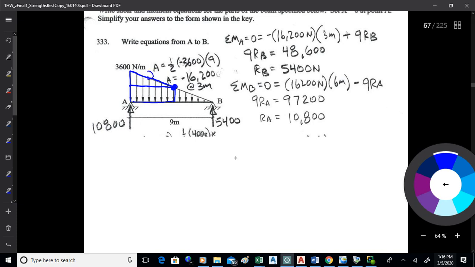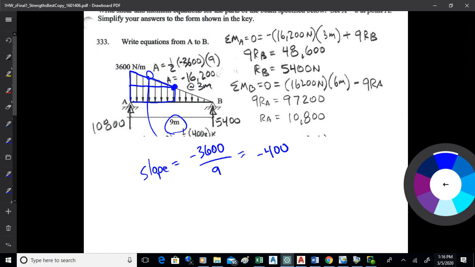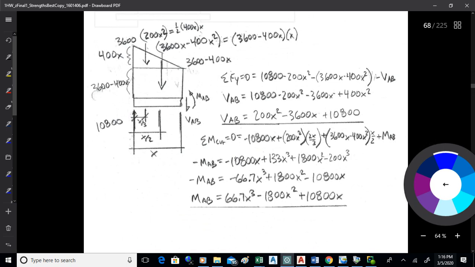Now the height relates very much to the slope. Okay, so what that line does is it drops 3,600 over a run of 9. So the slope of that line is negative 400. Okay, so wherever you cut that diagram to start building this diagram, you're going to drop by the slope times the distance, which is x. All right. So the height of this point here is going to be the 3,600 where you started on the left-hand side minus 400 times whatever your x distance is measured from the left.